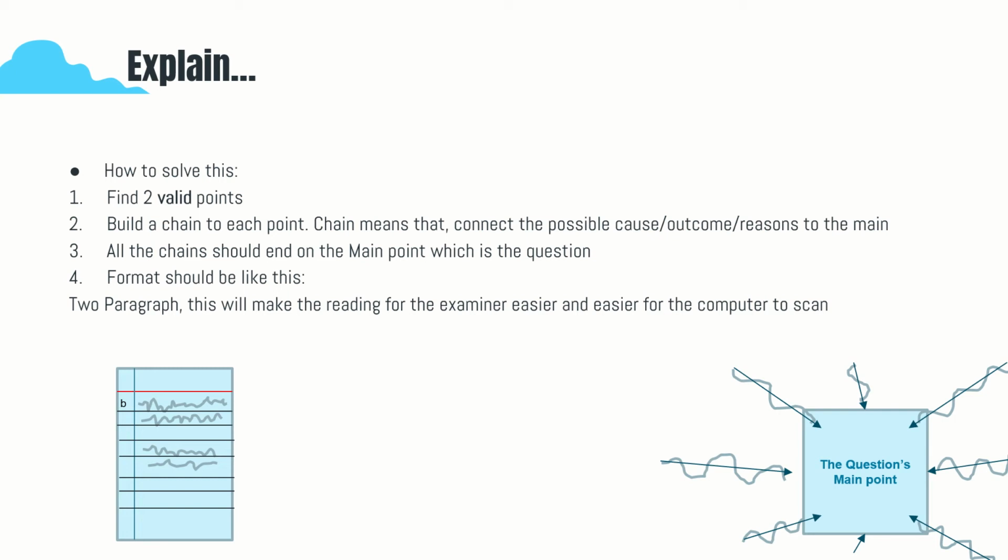The format plays an important role. It should be easier for the examiners to understand what you have written. And you should also know that there is a computer scanning that happens before it goes to the examiner, so it will make it easier for the computer to scan your answer also.